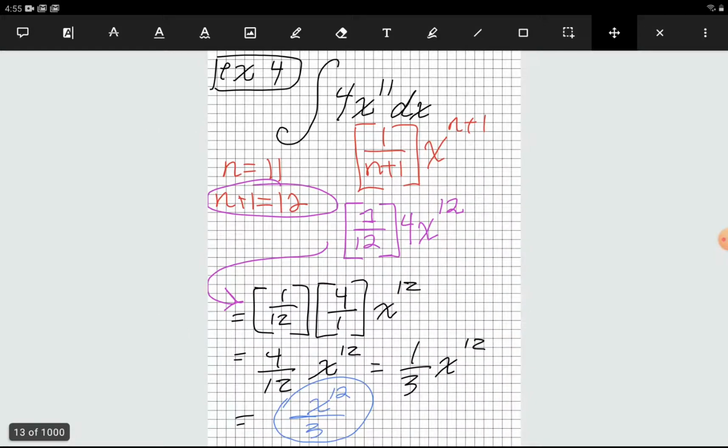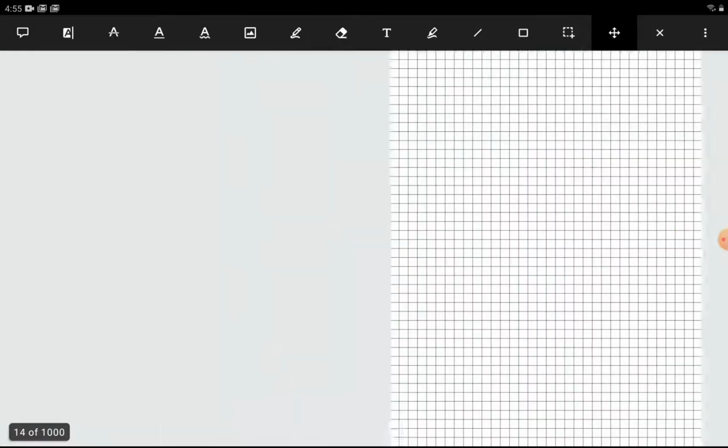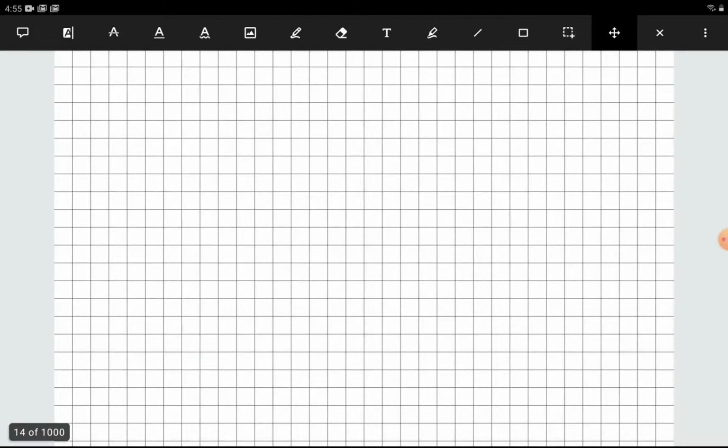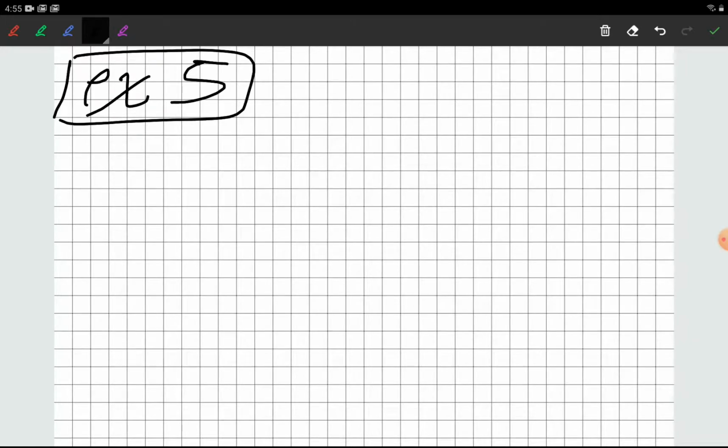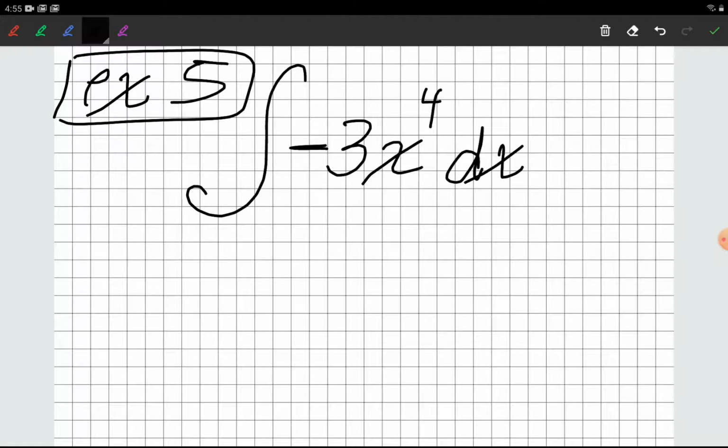Okay, so let's do one with negatives now. Is that example 5? Find the antiderivative of, let's do negative 3x to the 4 with respect to dx. Actually, to the negative 4. Let's make them both negative.